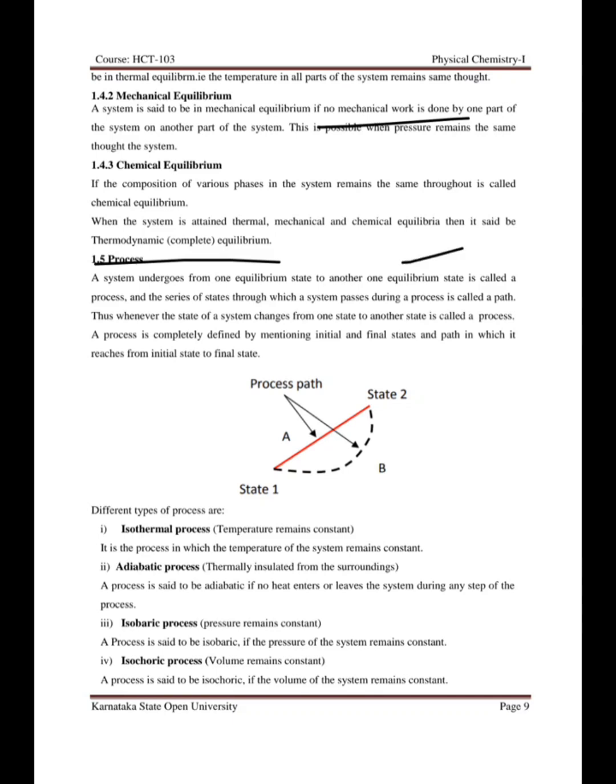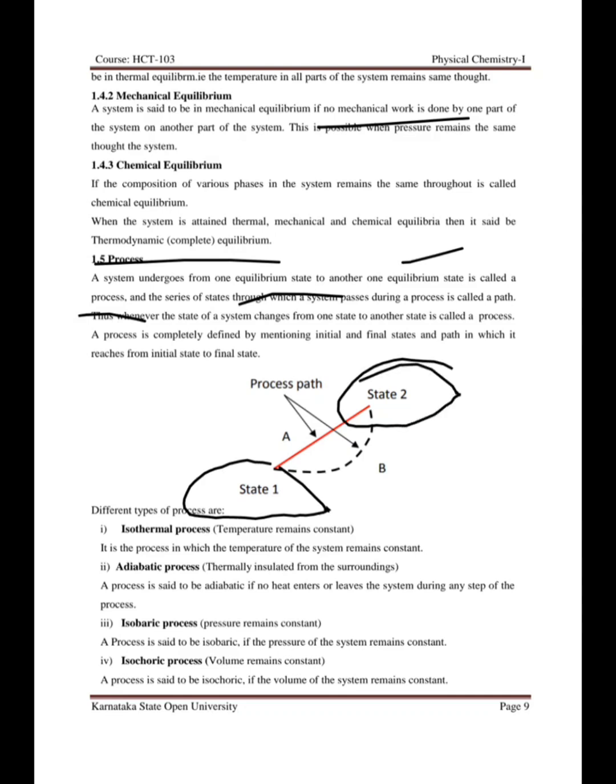Next, what is a process? When a system undergoes a change from one equilibrium state to another equilibrium state, that is the process. Here you are going from state one to state two.